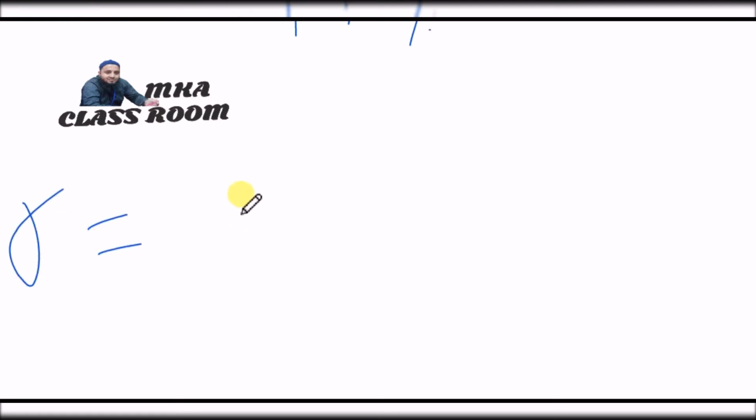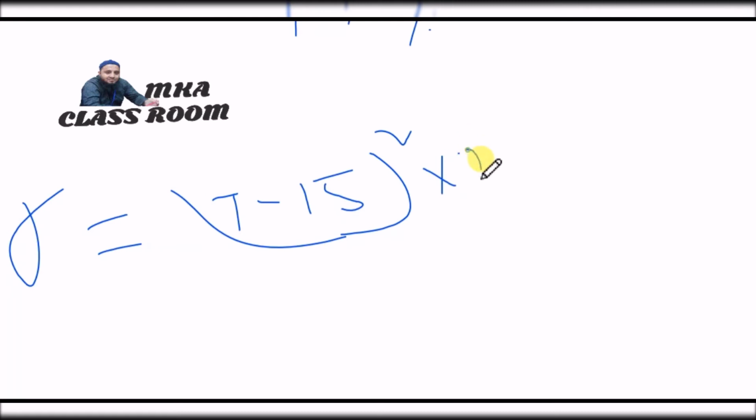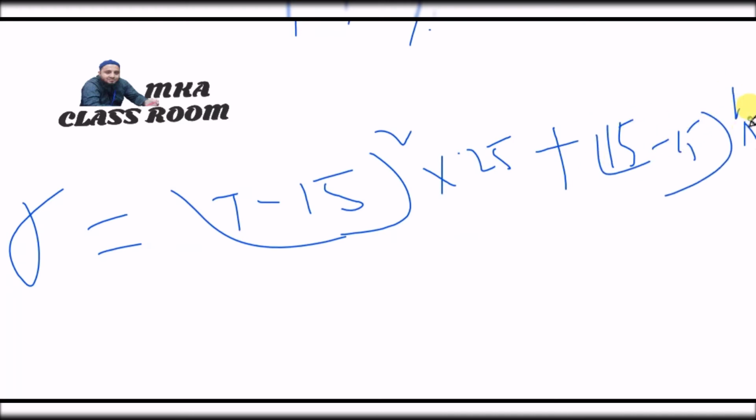Now we have to calculate the standard deviation. (7% minus 15%) whole square into 0.25 plus (15% minus 15%) whole square into 0.5 plus (23% minus 15%) whole square into 0.25.